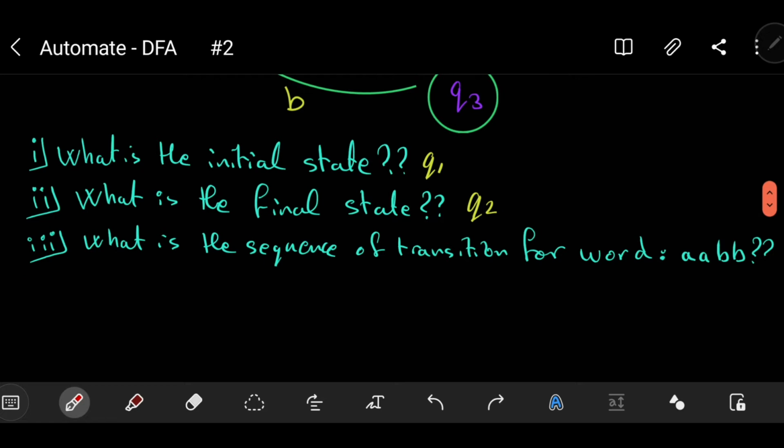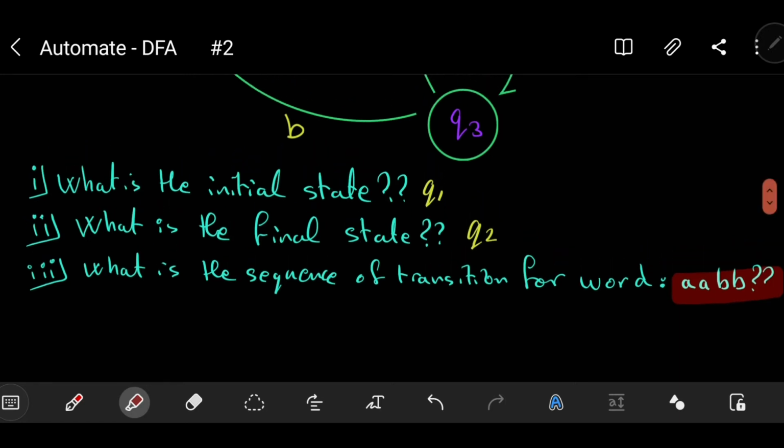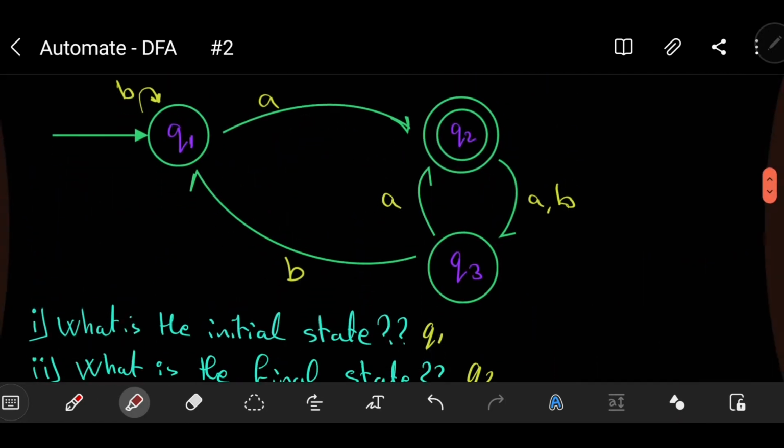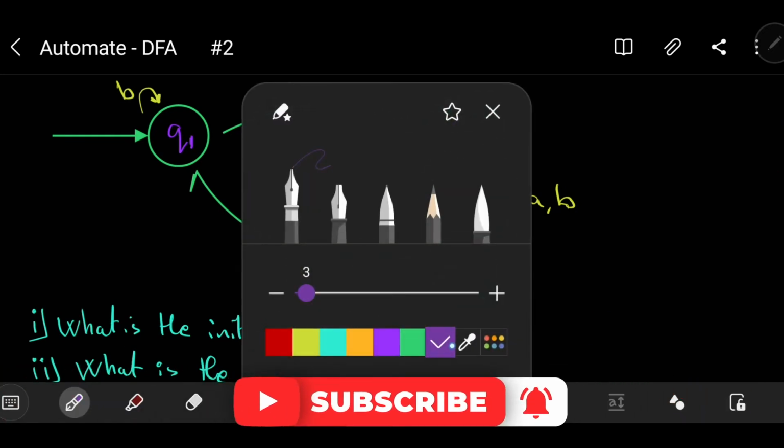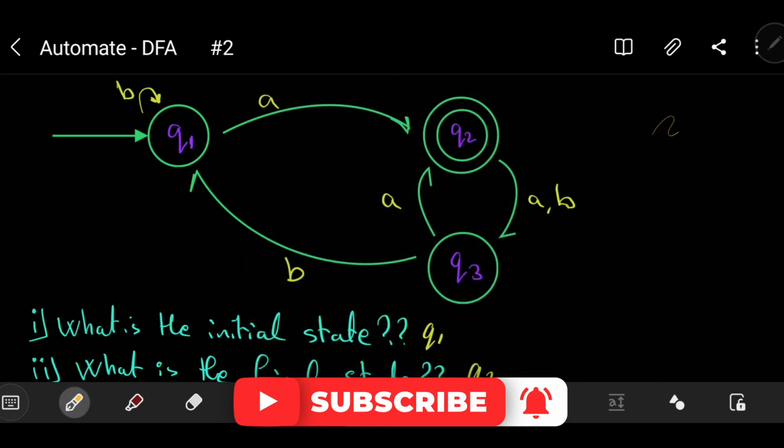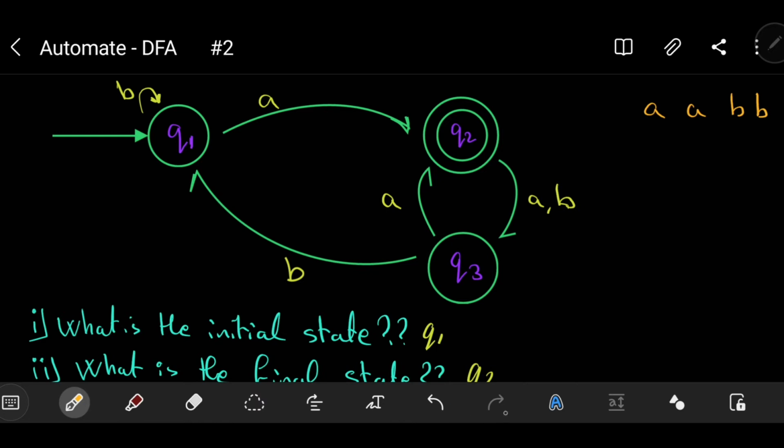Question number 3, or part 3: what is the sequence of transitions for AABB? We need to concentrate here for a very important question. We have AABB, so these are the inputs. Where will these inputs lead us?